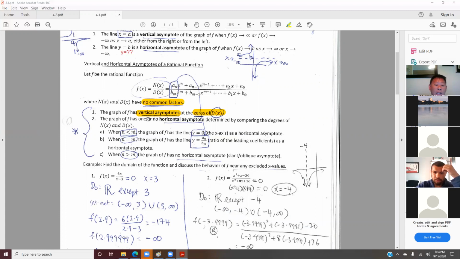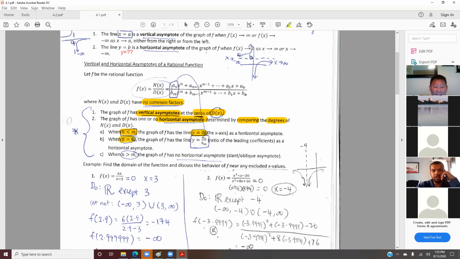In order to find your horizontal asymptotes, you have to compare the degree. That means the power. The n is the top power, the m is the bottom power. If your top power is less than your bottom power, then your horizontal asymptote will be y equals 0.